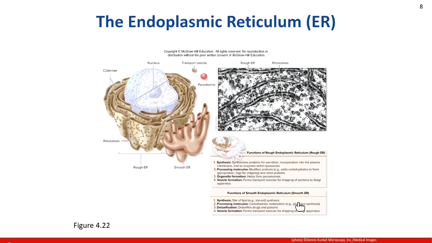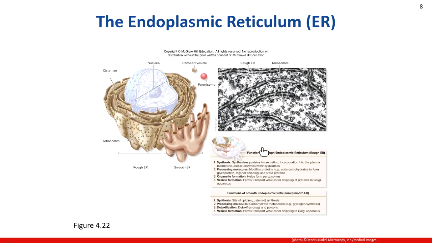And one other thing I want to draw your attention to is the peroxisome, which also gets made here in the rough endoplasmic reticulum. We'll talk about the role of a peroxisome shortly, but they play a pretty big role in digestion, and also in beta oxidation, which is the breakdown of fats and trying to get energy from that.